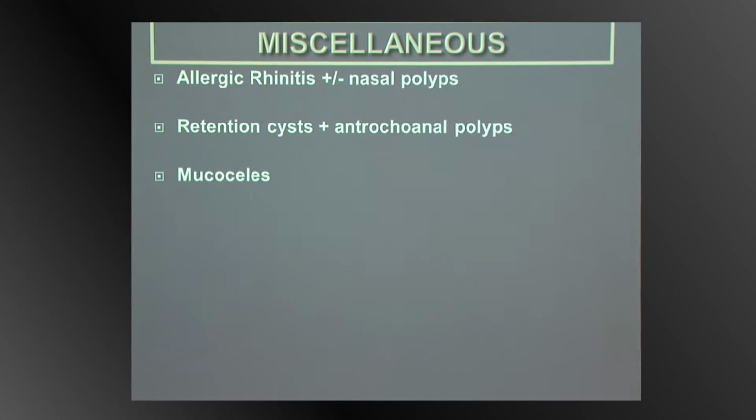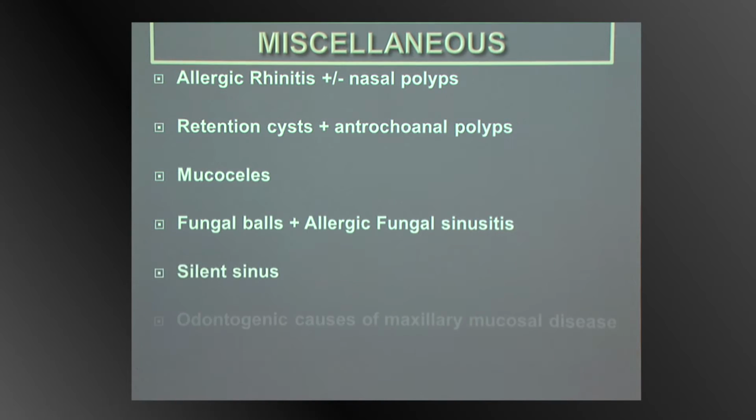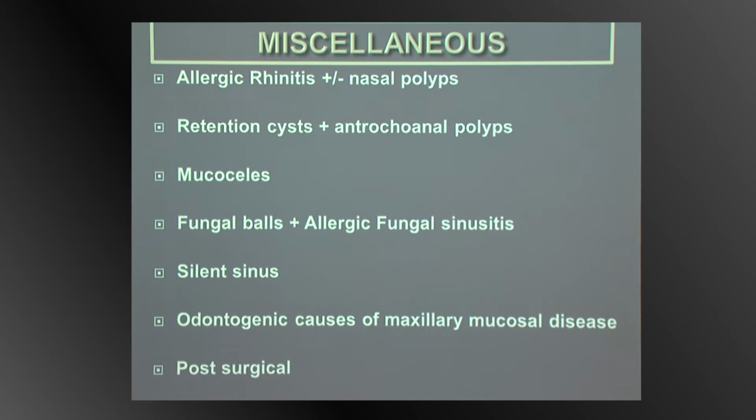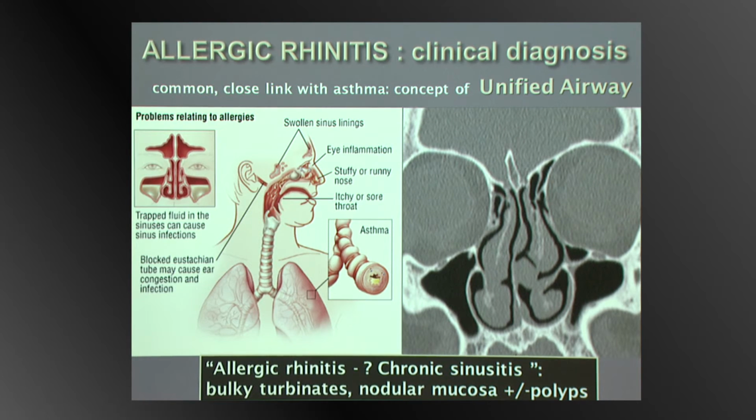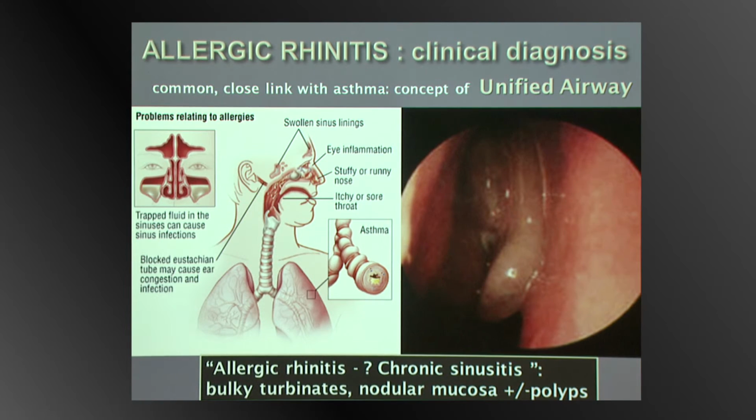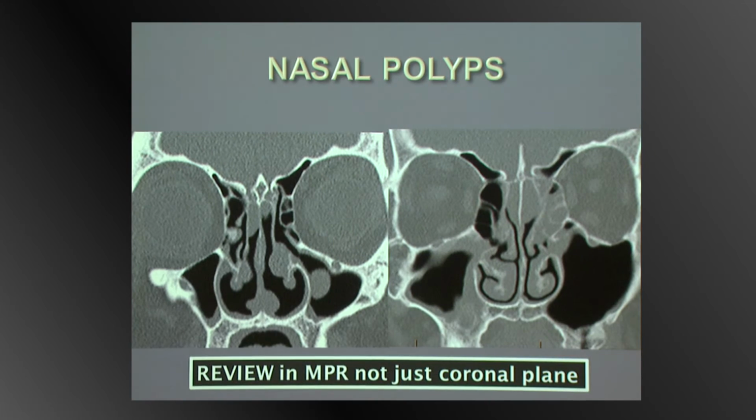Okay, the miscellaneous, the rag bags, we'll go through these pretty quickly because we've been through them already. Allergic rhinitis is not a radiological diagnosis, but it may be supported by bulky turbinates and nasal polyps, as shown on this anterior rhinoscopy view of an inflammatory polyp. So allergic rhinitis, you may suggest it with bulky turbinates, nodular mucosa and nasal polyps.